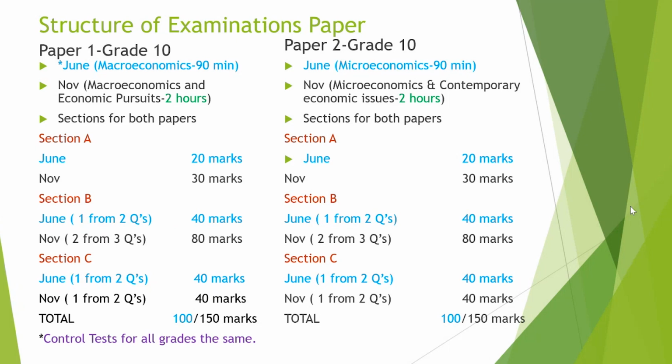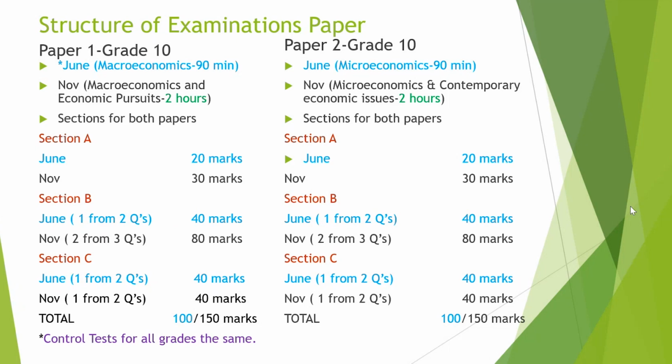And you can see by section B, it's the same. The structure is the same for paper 1 and paper 2. In June, they must choose in section B 1 from 2 questions for 40 marks, and section C 1 for 40 marks. And that gives us a total of 100 marks.